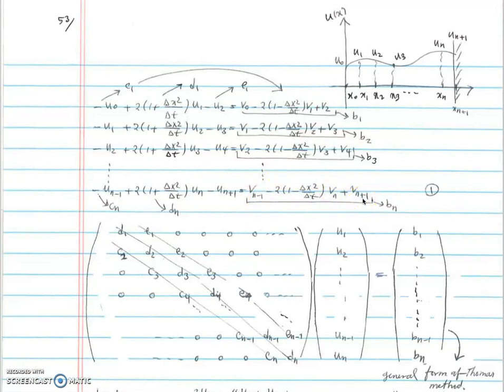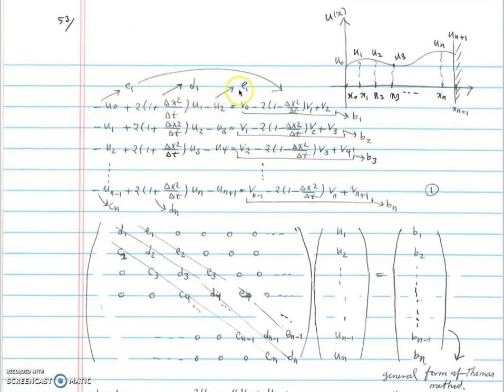So now this looks a bit messy. Let's redefine the coefficients. I'm going to keep all the u's and v's, but I'm going to rename the coefficients to c, d, and e's. Like in the first equation where I plugged in i equal 1, I'm going to rename the coefficients to c1. This whole thing becomes d1.